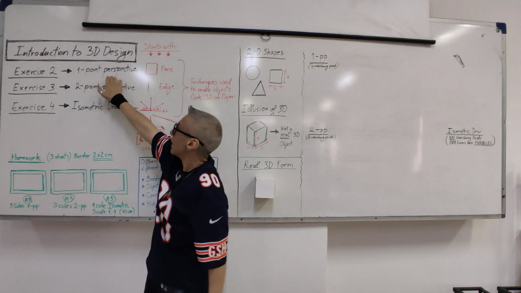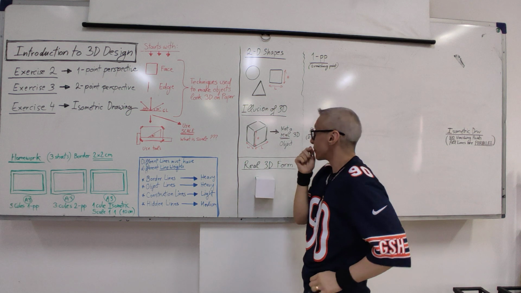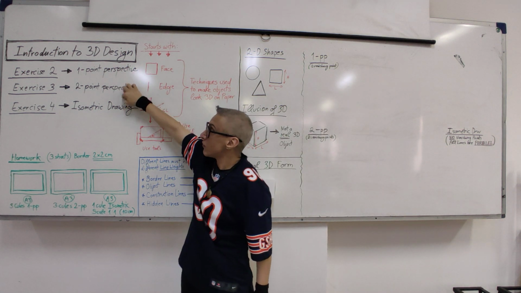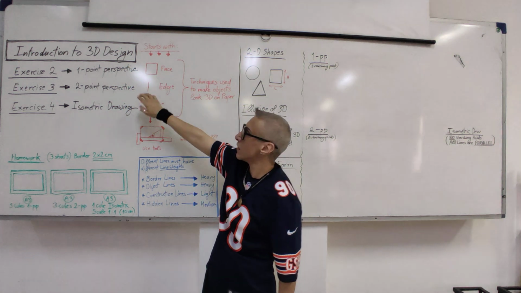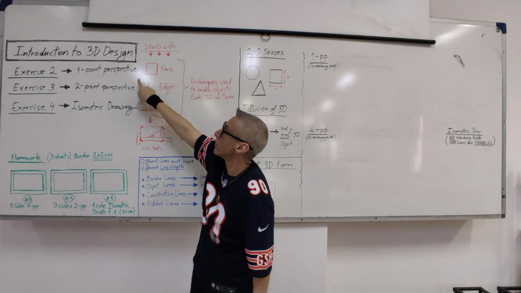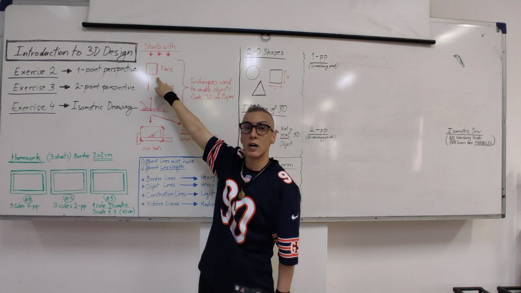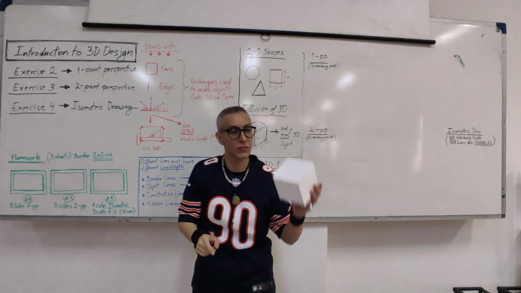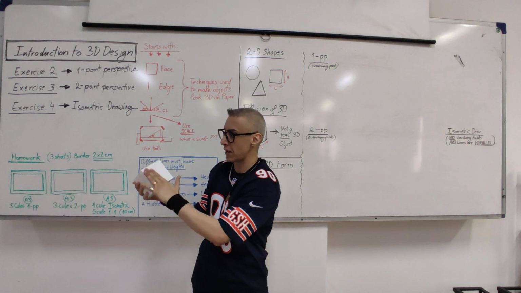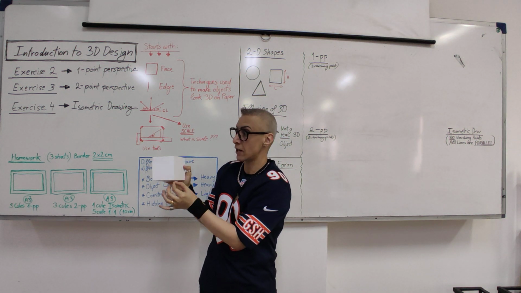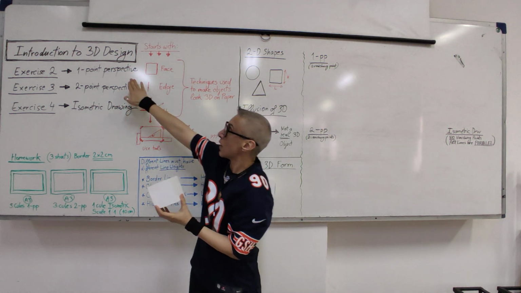So, in one-point perspective, I will start with it. Each of these techniques starts in a different way. Let's compare one-point and two-point perspective. In one-point perspective, we always start the drawing with a face. What is a face? This object has a face. This is a face. This is an edge.